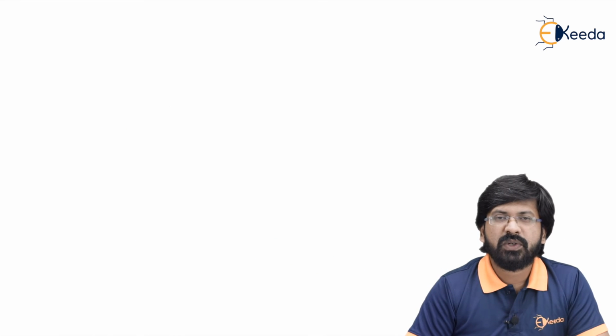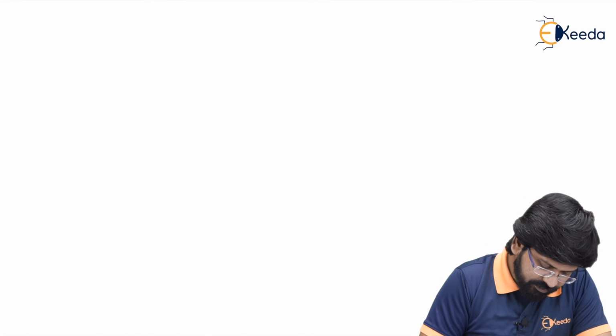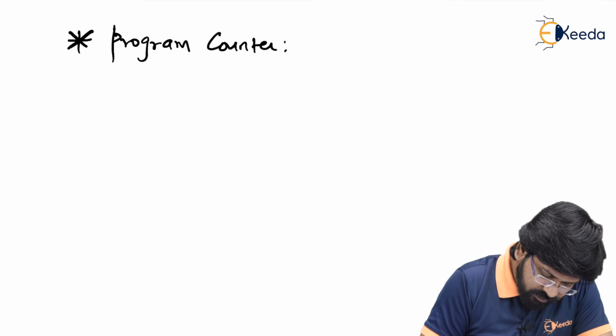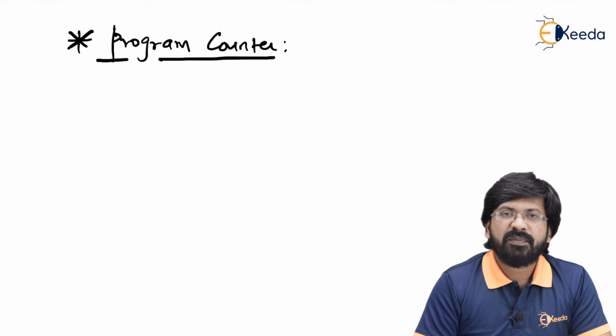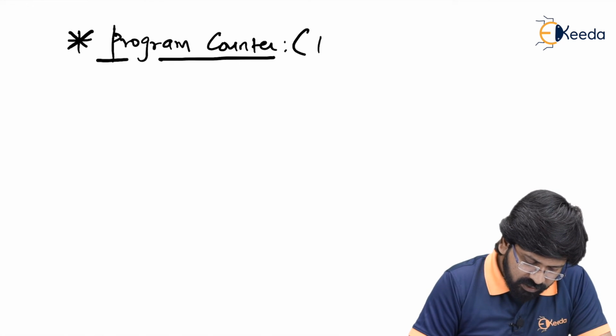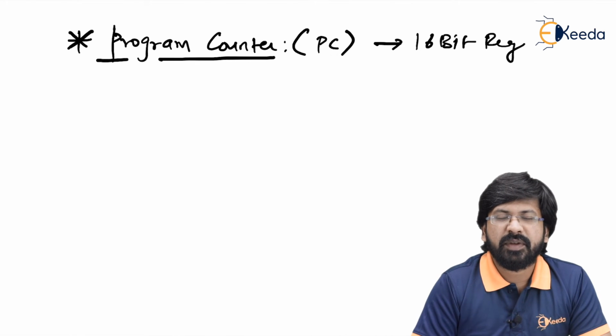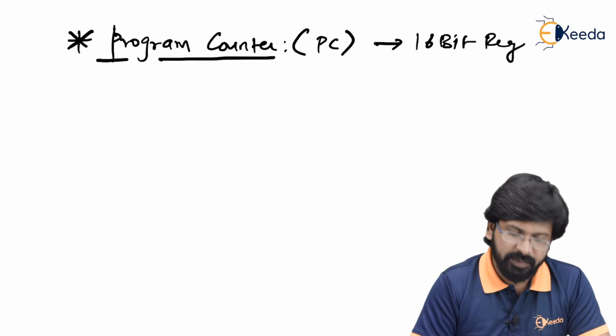Two more registers we need to clarify, that is program counter and stack pointer. In case of program counter, which we call a 16-bit register, again we know the fact that it is actually made up of two 8-bit registers called program counter lower byte and program counter higher byte.